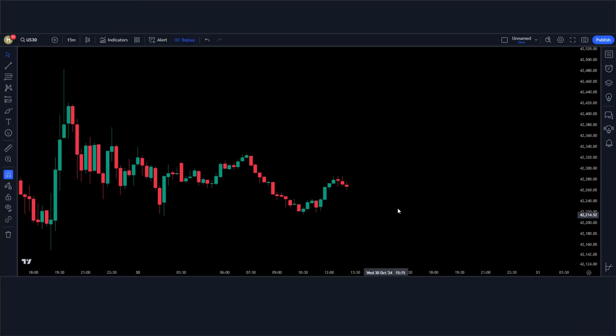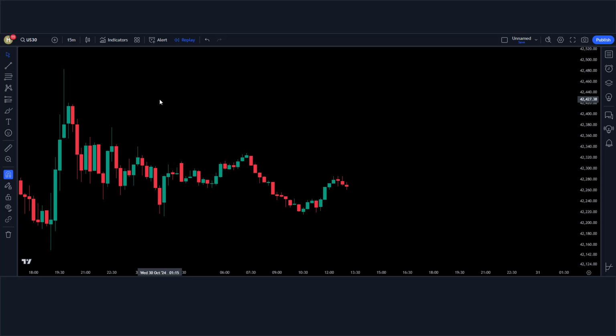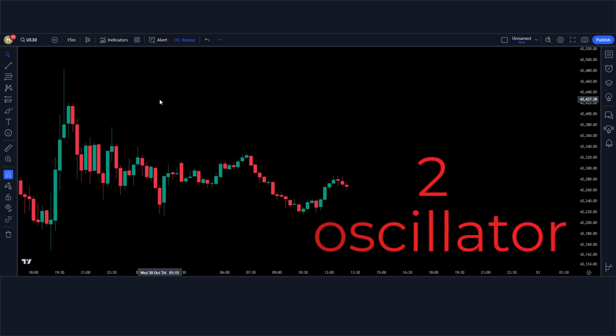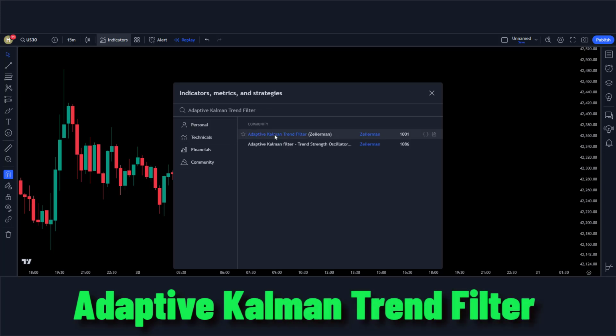So let's get started. Now let's create a trading setup. We are going to test this strategy on the 15-minute time frame in the US30 chart. In this setup we would require two indicators. First indicator name is Adaptive Kalman Trend Filter.